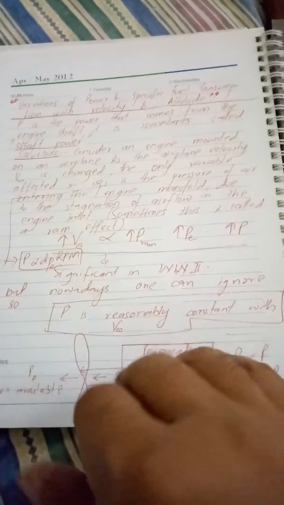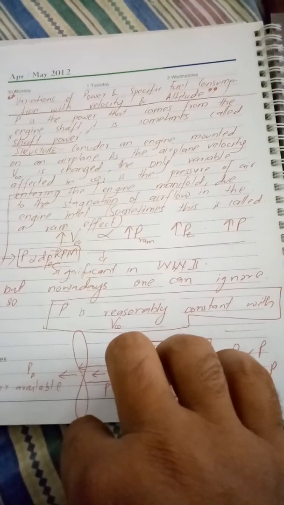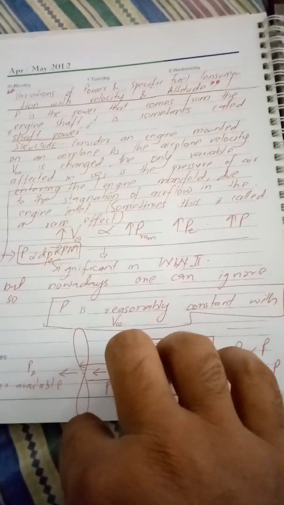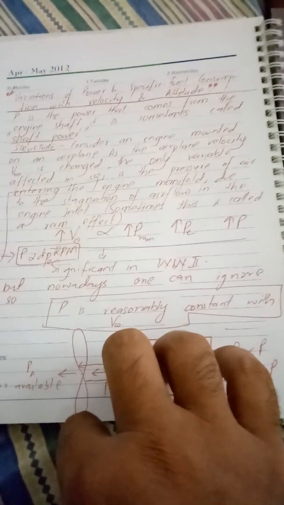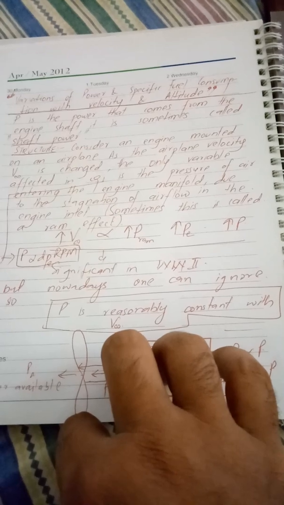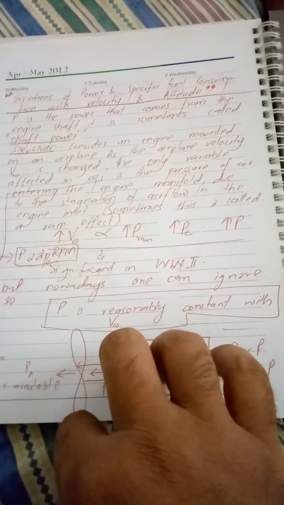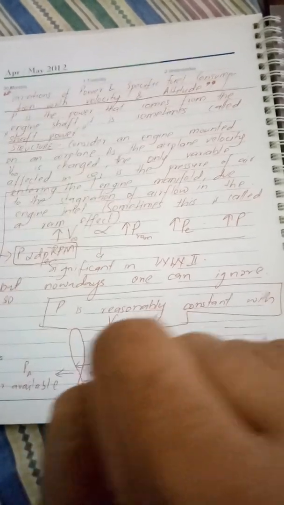When we increase the velocity, it will directly have an impact on the ram pressure, or the ram effect, and also on the power output. PE is normally not the power output of the engine. It is the mean effective pressure.